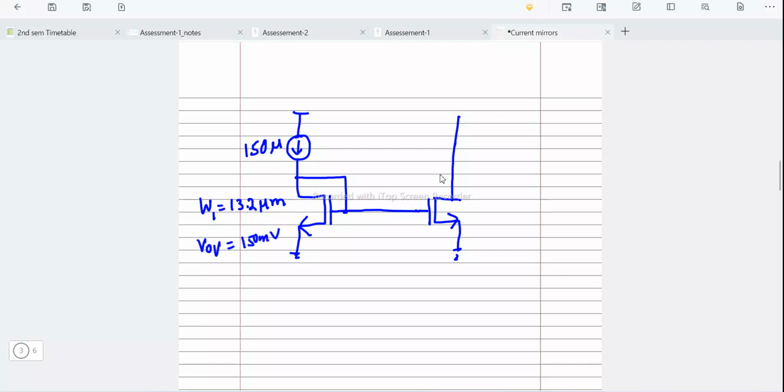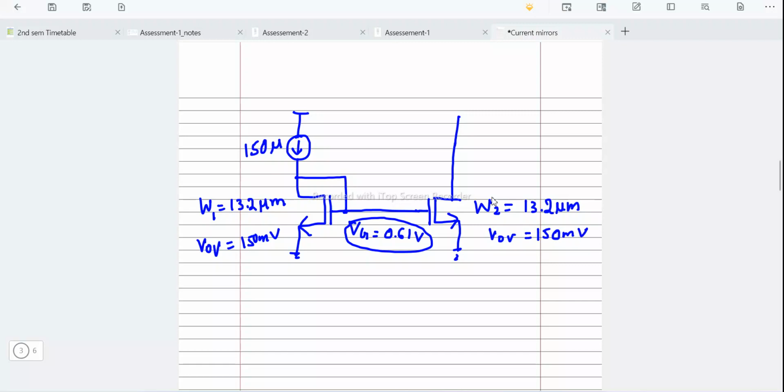In order to keep the overdrive voltage at 150 millivolts, we need a VG of almost 610 millivolts or 0.61 volts, and W2, in order to mirror the same current, we are going to keep as 13 micrometer. Since both the gate voltages are shorted, the overdrive voltage will obviously be 150 millivolts.